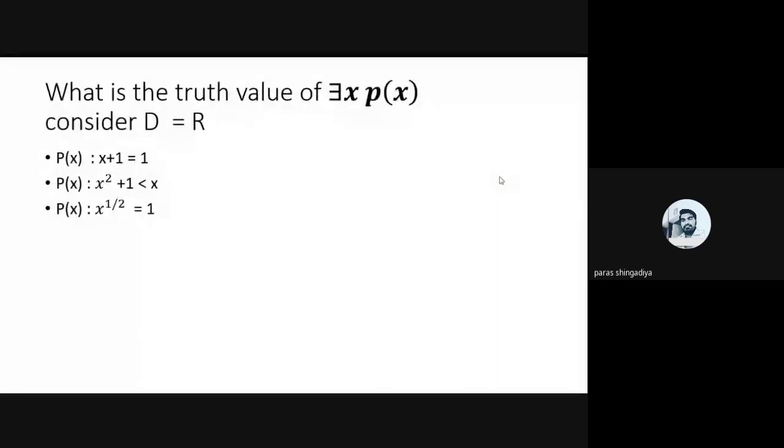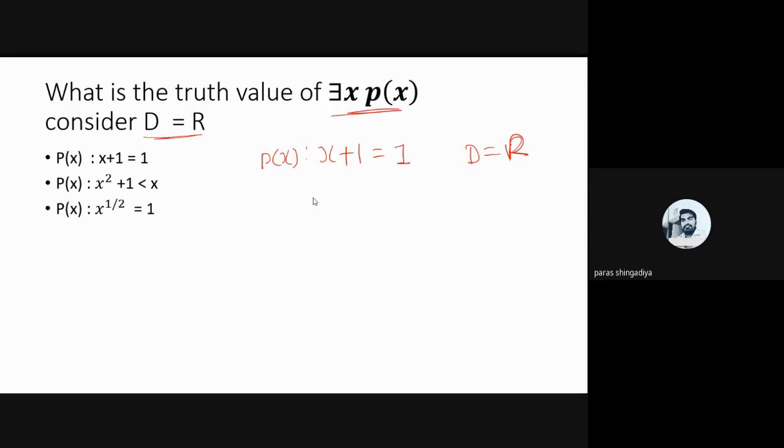Then the next exercise. D is equal to R is given, and P(x) is x plus 1 is equal to 1. That is P(x), and D is equal to the set of real numbers. So check the answer of the first one. What is the solution of the first example?